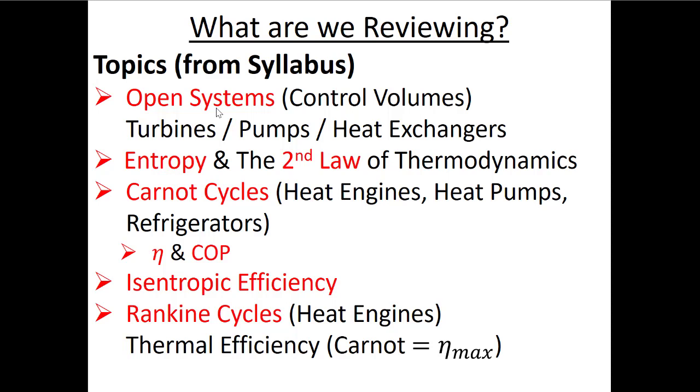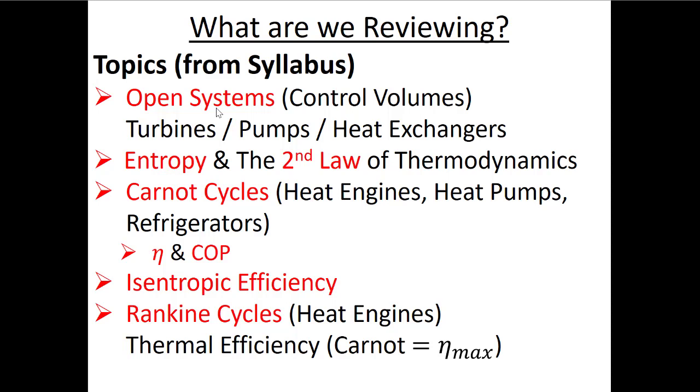So for heat engines, we talk about thermal efficiency. For heat pumps and refrigerators, we talk about coefficient of performance. But we talked about both of those things as being fundamentally similar, where we're talking about the energy benefit divided by the energy cost. We also started to talk about isentropic efficiency so that we could calculate what's going on with real turbines and real pumps.